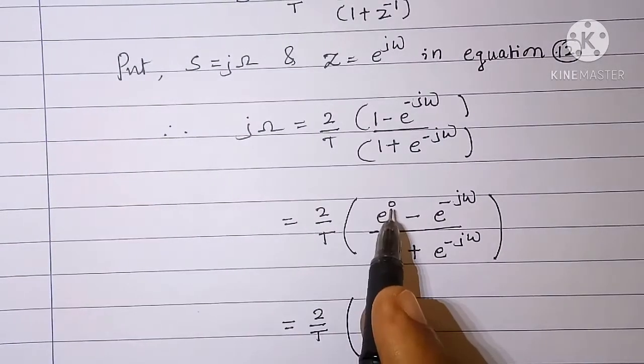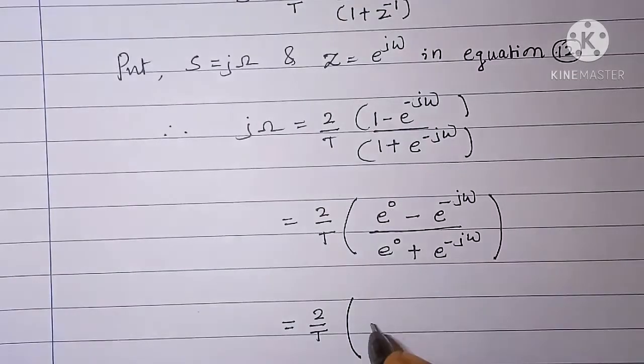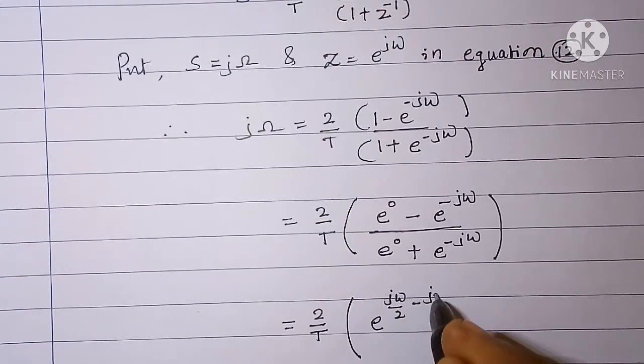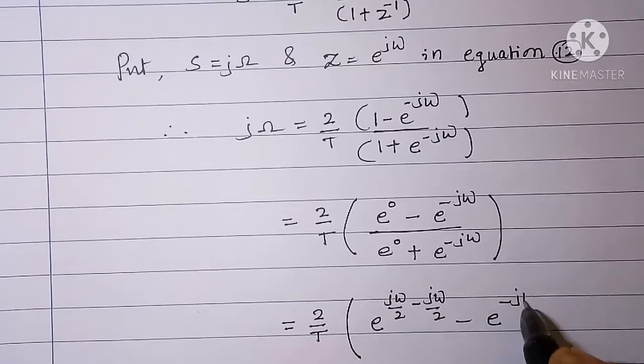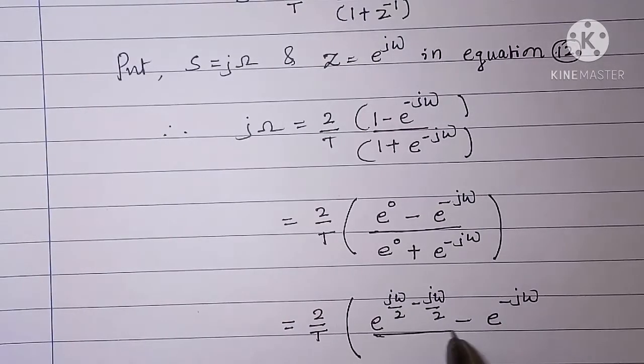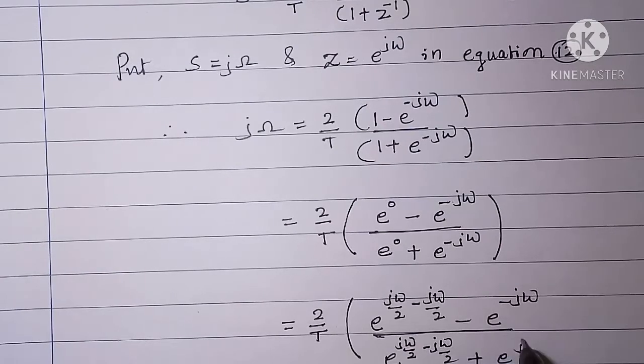This 0 I will write as j omega by 2 minus j omega by 2, minus e raised to minus j omega as it is. Similarly, in the denominator, e raised to j omega by 2 minus j omega by 2 plus e raised to minus j omega.